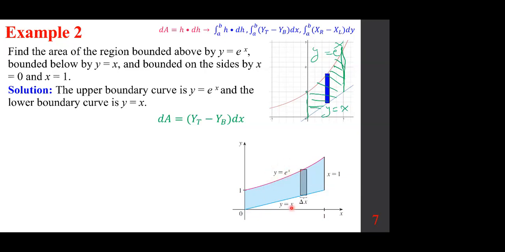What is y of the bottom? The line y equals x. So this is replaced with e to the power of x, this is replaced with x, and we are looking at h times dx, and so there you have it.